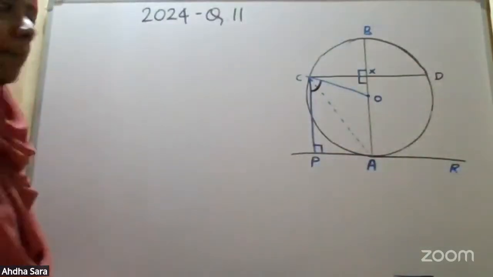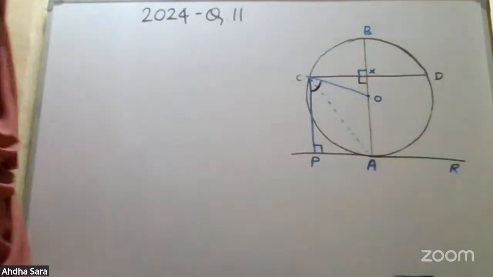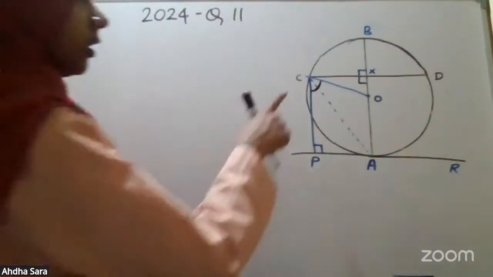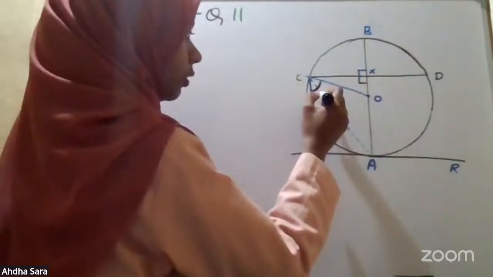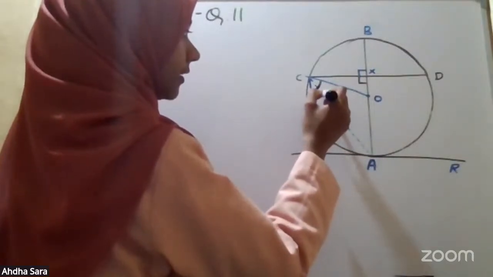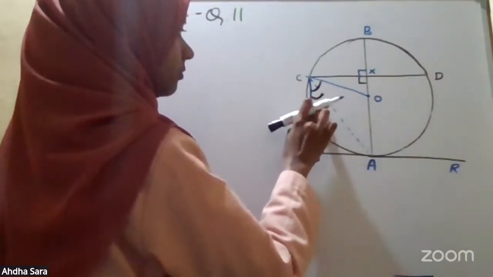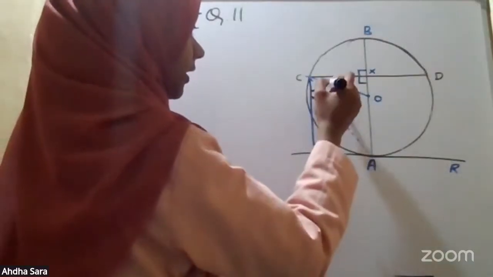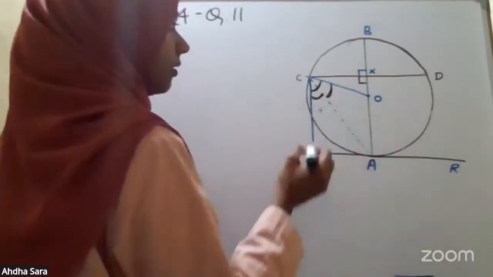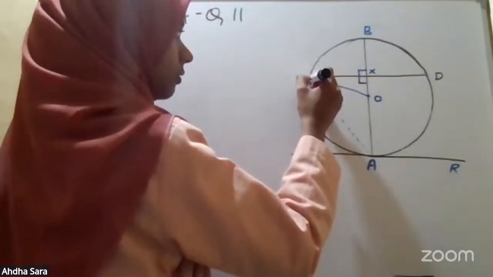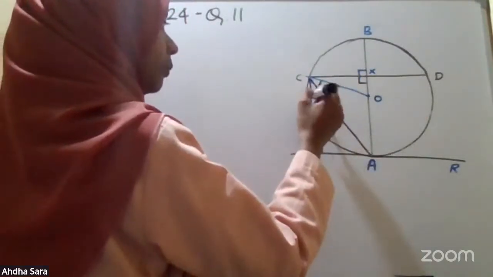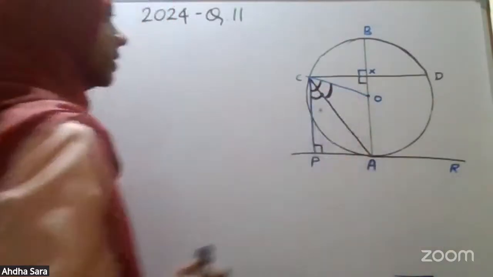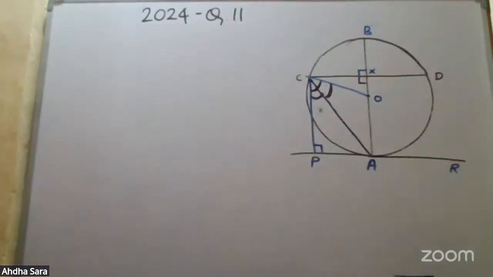PCO is bisected by the chord CA. To prove this, you have to make sure this angle and this angle are equal. You have to prove these two angles are equal.